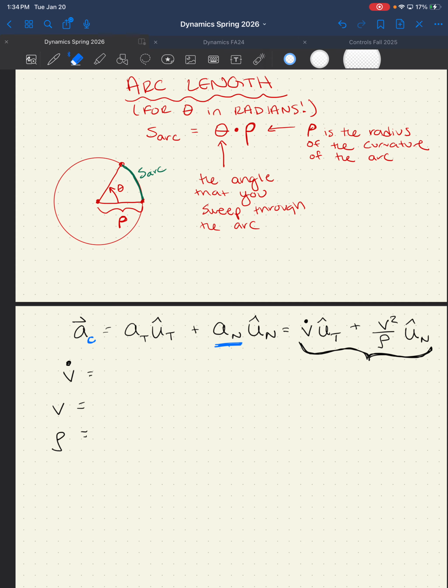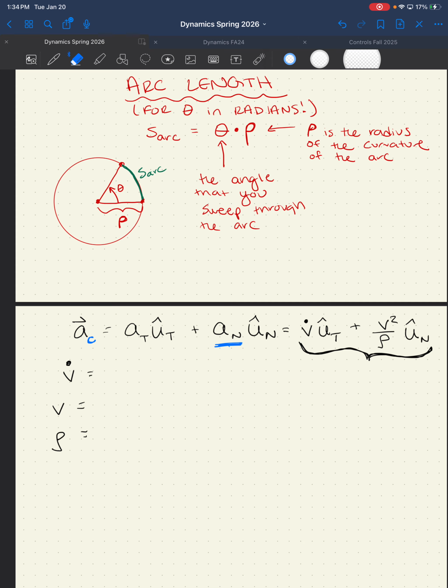All right. The last thing I need to know, we said I need 3 things in order to fill out acceleration. I need v dot, I need v, and I need rho. How might I figure out rho? Well, it was kind of suspicious that Dr. Higgins gave us an extra equation that included rho, so maybe that might be useful.